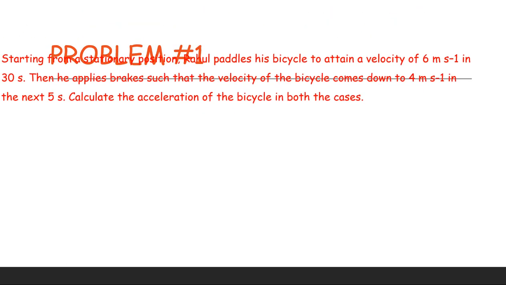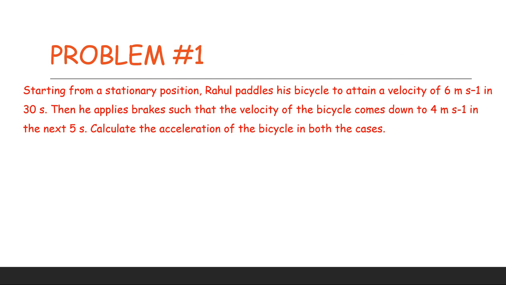Let us see our first problem, which says that starting from a stationary position, Rahul pedals his bicycle to attain a velocity of 6 meter per second in 30 seconds. Then he applies brake such that the velocity of the bicycle comes down to 4 meter per second in the next 5 seconds. Calculate the acceleration of the bicycle in both the cases.